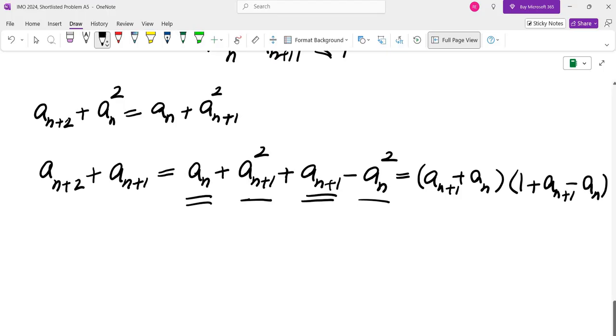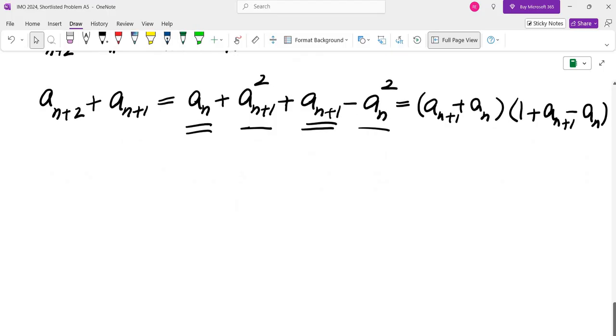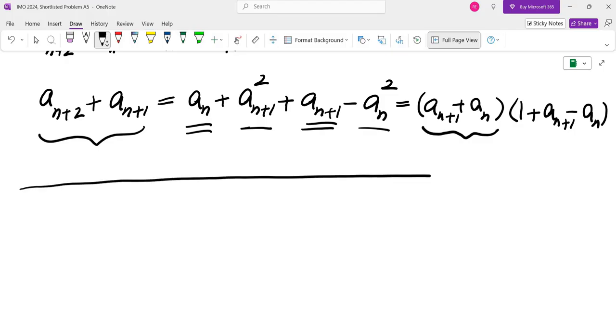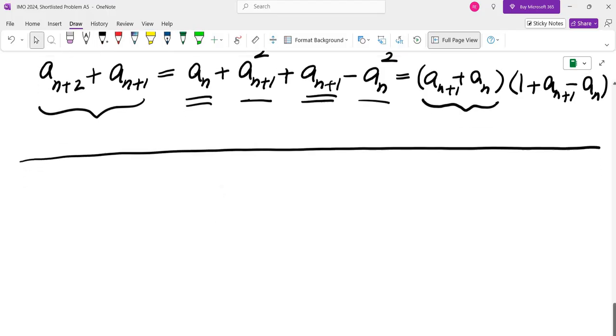So we get this, and this is interesting. This immediately tells us the condition that we want, that if this is 0, then this would be 0. And from here, I can actually solve the problem. And that led me to a solution. So I'm going to talk about the solution now.